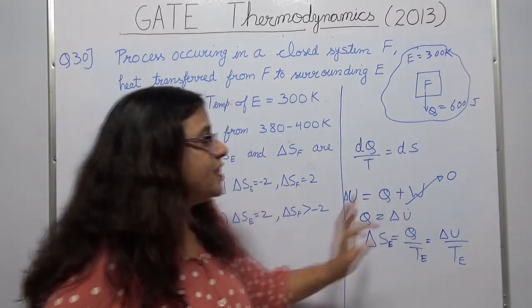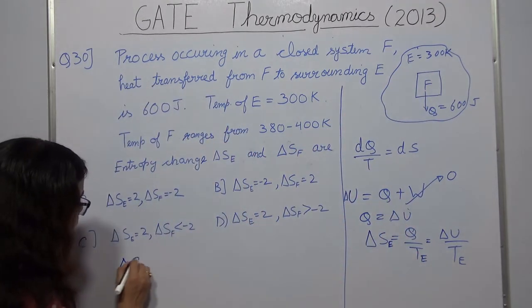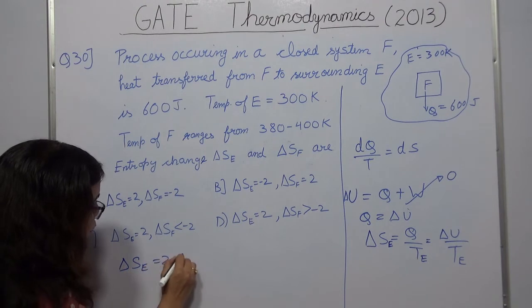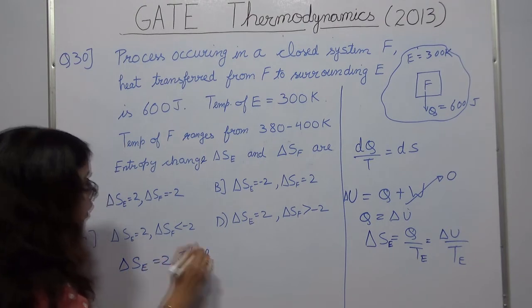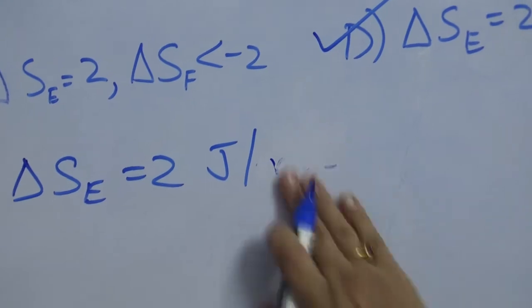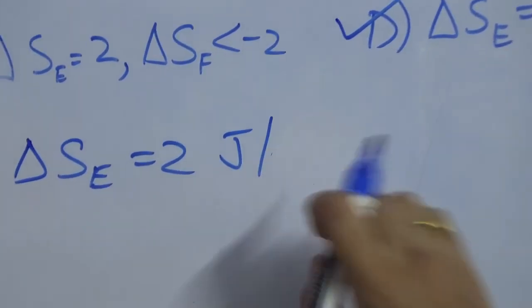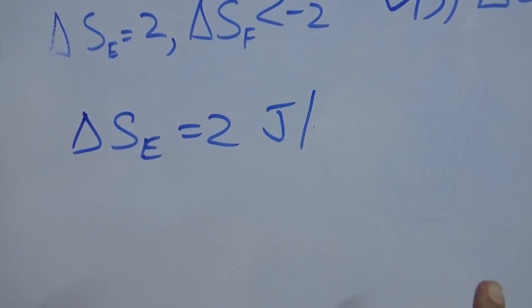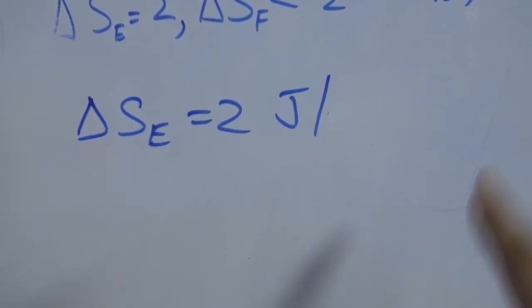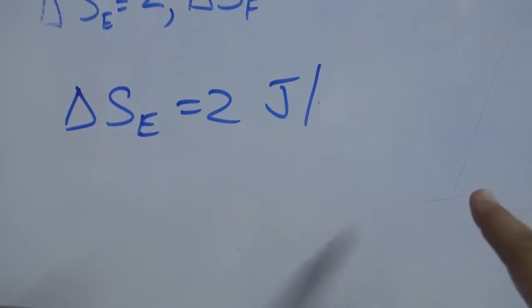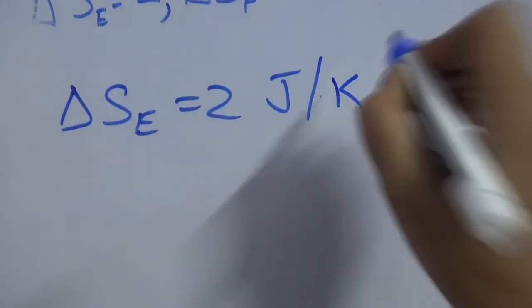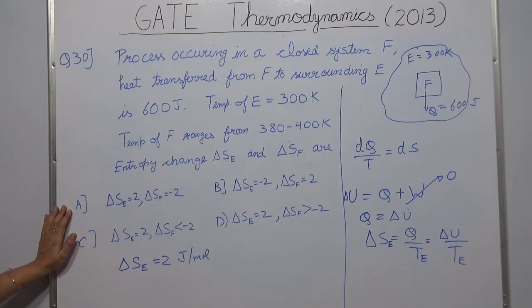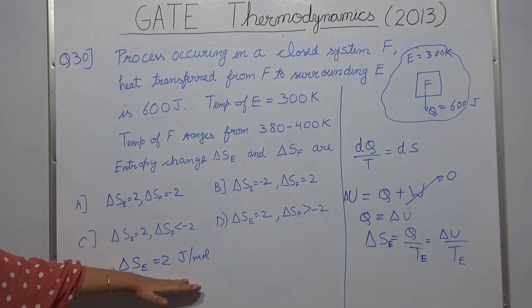So your delta SE is equal to 2. I have mistakenly written joule per mole. So you all know that the change in entropy is equal to Q by T. So it should be joule per Kelvin. So keep this in mind. Okay, so this much we have found.